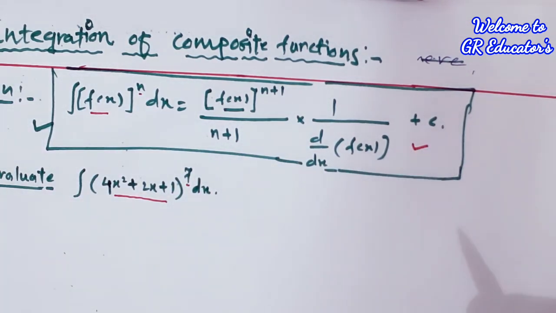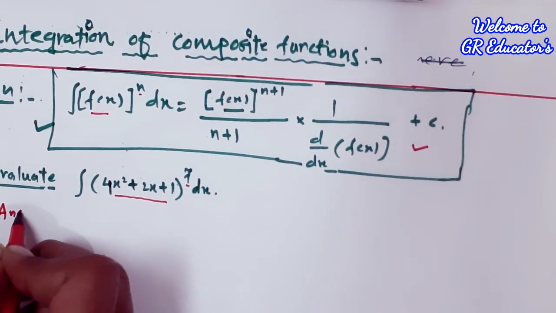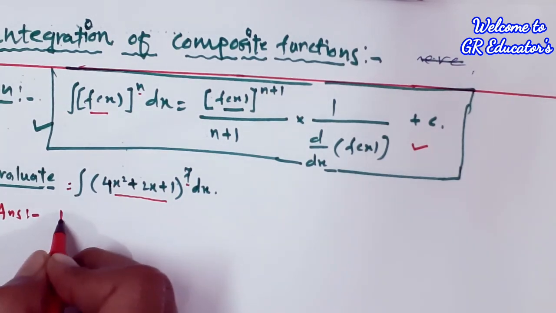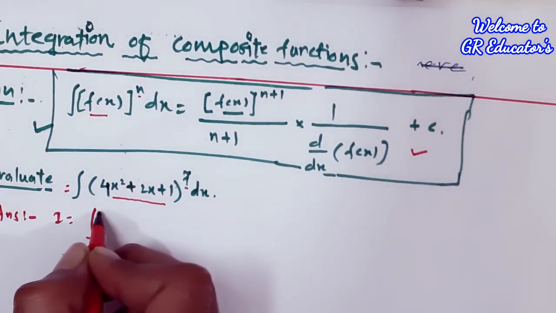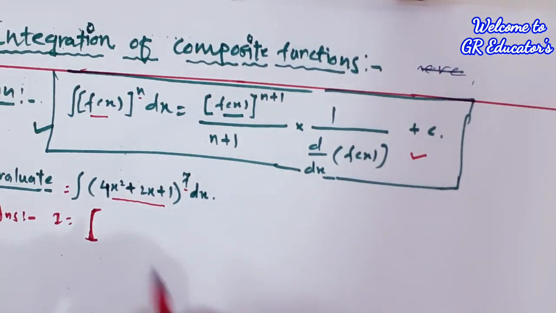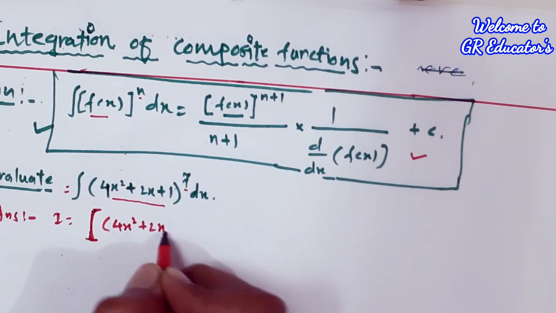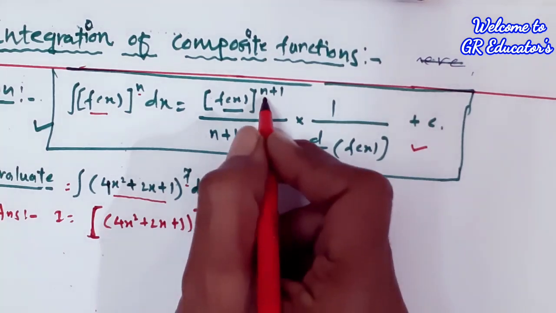Then we know the formula, and if I apply this formula, then the answer, integration I equals 4x square plus 2x plus 1 raised to power n plus 1.